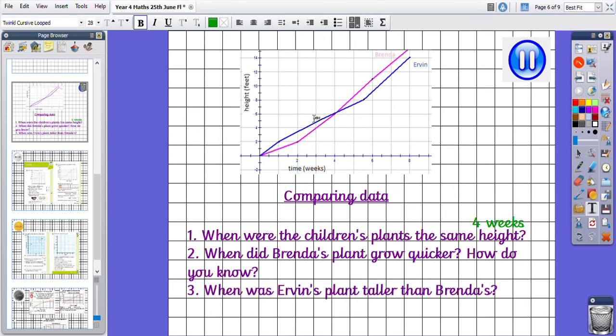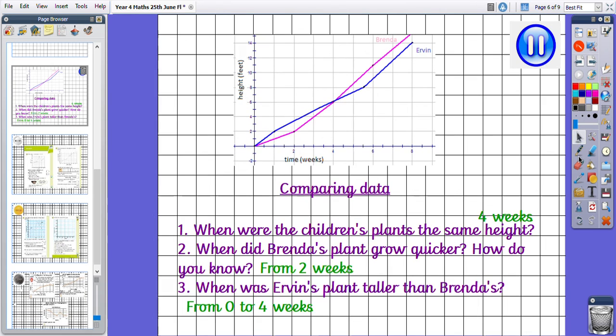It was pointing further up into the sky. So, from 2 weeks onwards. And question 3, when was Irvin's plant taller than Brenda's? Well, right at the beginning, Irvin's plant was larger for a long time, up until 4 weeks. So, from 0 to 4 weeks, Irvin's plant was taller than Brenda's.